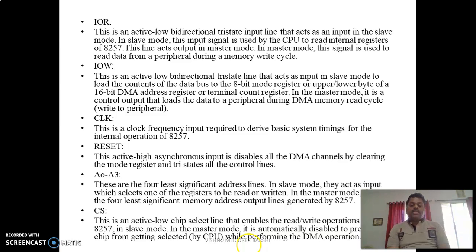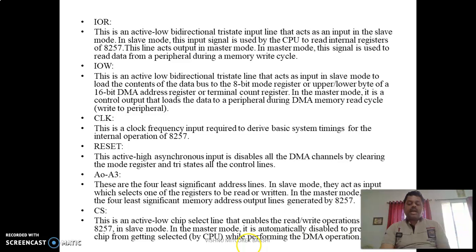A0 to A3 are the 4 least significant address lines. In slave mode, they act as inputs which select one of the registers to be read or written. In master mode, they are the 4 least significant memory address output lines generated by the 8257.